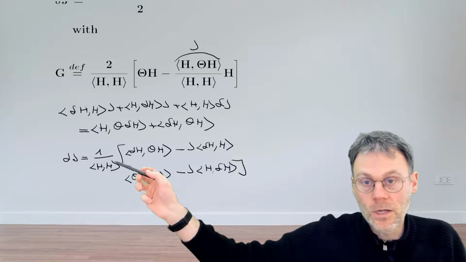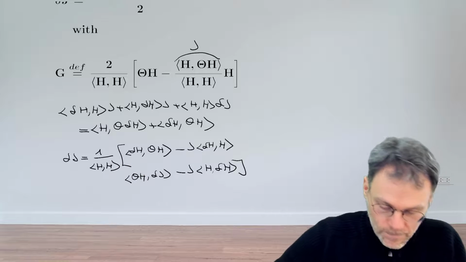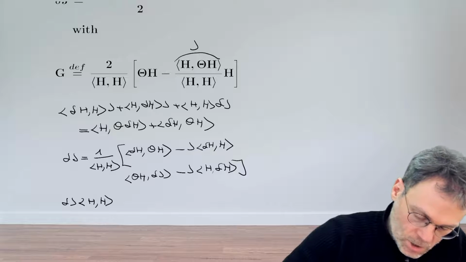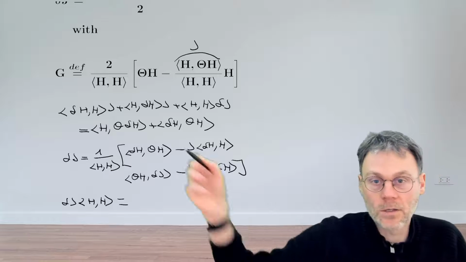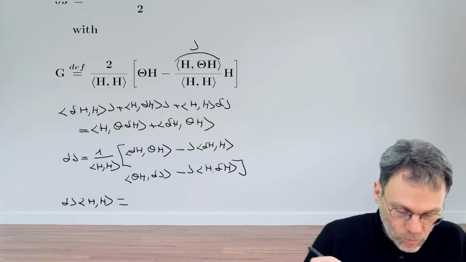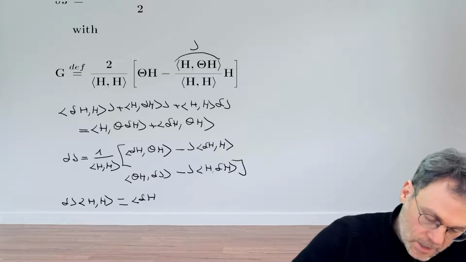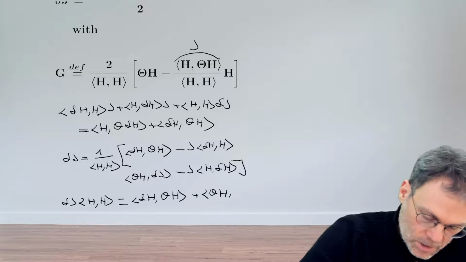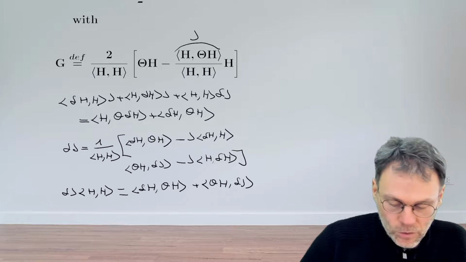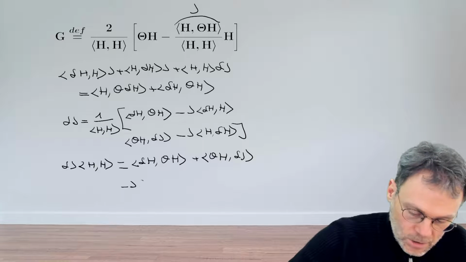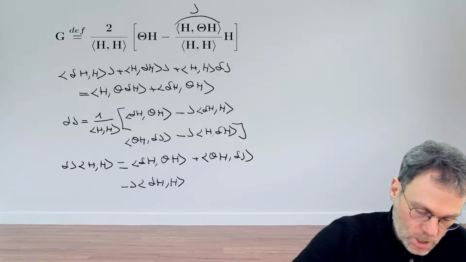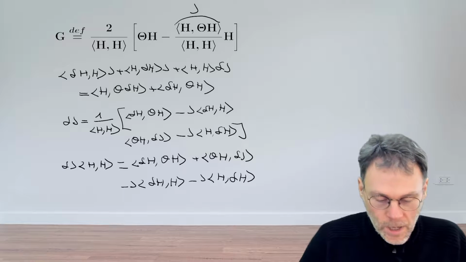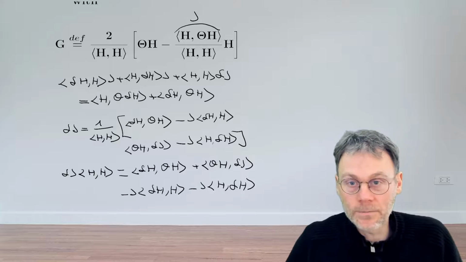The straightforward thing to do here is to bring that guy to the left-hand side here, so that we have then delta J H H for the left-hand side, and then for the right-hand side we have two terms which do not involve J, namely delta H theta H plus theta H delta J. And then we have two terms that do involve J. So we have minus J delta H H minus J H delta H. Okay, let's see if these two are indeed equivalent.